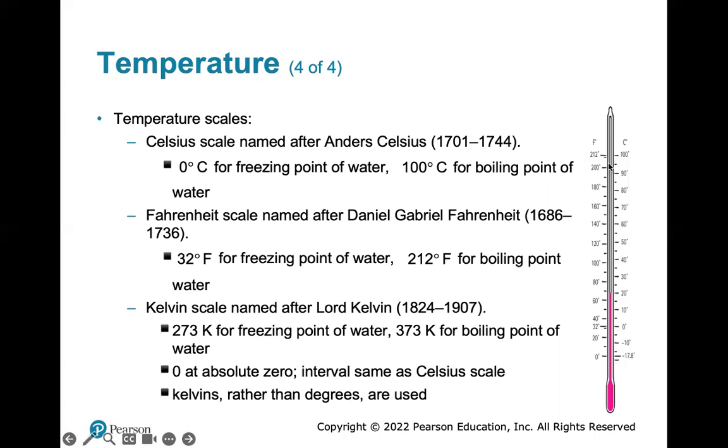Okay, so you can see here 212 and 100. Those are both the boiling point of water. 32 and 0, that's the freezing point. We know 32 degrees Fahrenheit is 0 degrees Celsius. There's a little line here.